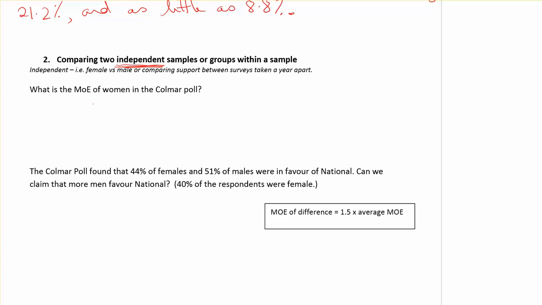Right, what is the MOE of women in the Colmar poll? Okay, so this is referring to the first page of the worksheet. Remember, there were 1,000 eligible voters, and if we're not told directly how many men and women there are, it's okay to assume, you need to write this down, state your assumption, assume a 50-50 split.